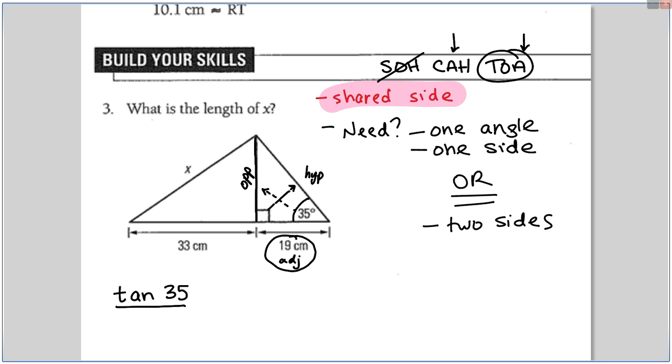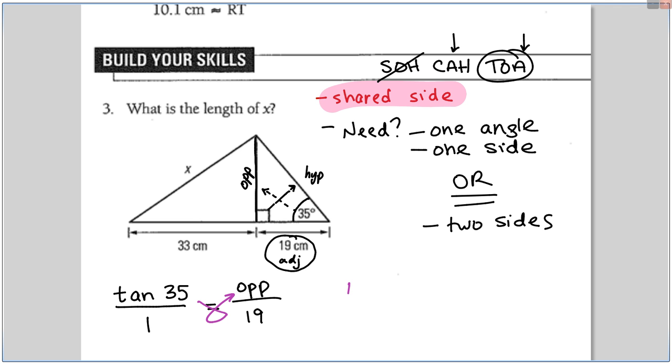All over 1 equals. Now on the right side, we put the O on top of the A. So opposite on top of the adjacent, which in this case is 19. So cross multiply. So easy, right? You always times the two numbers and then divide by 1.